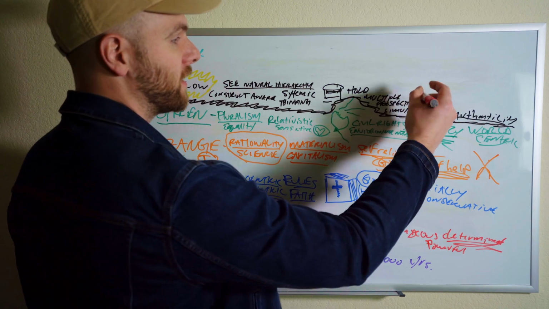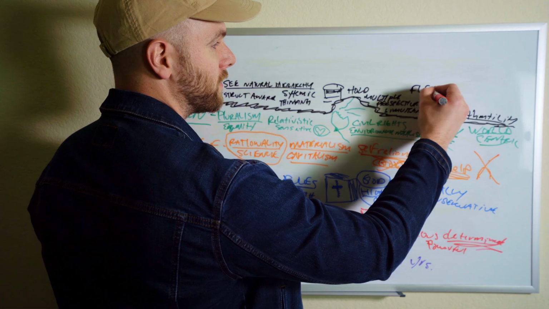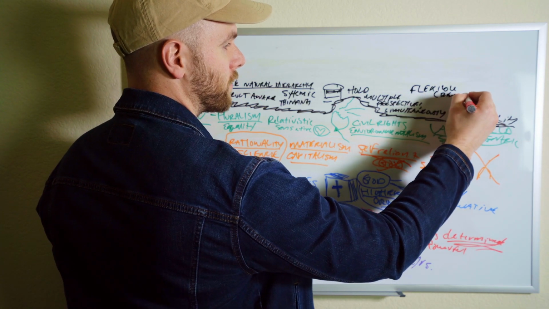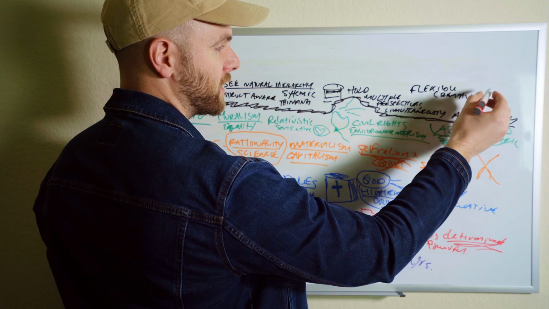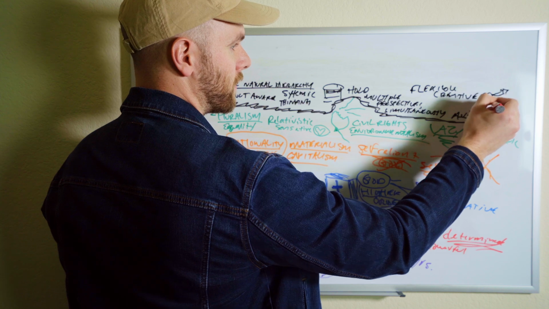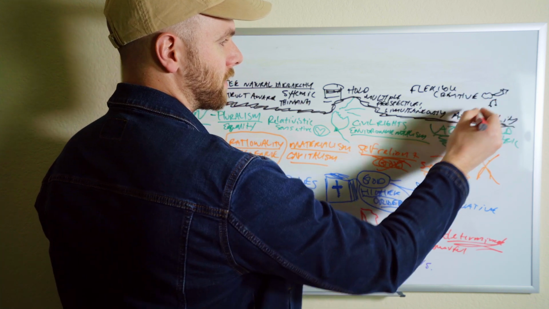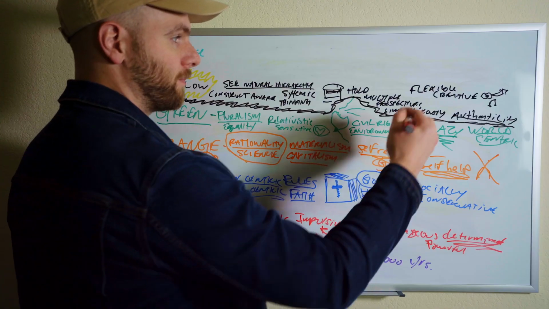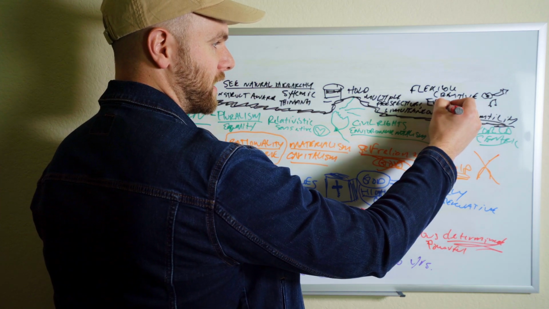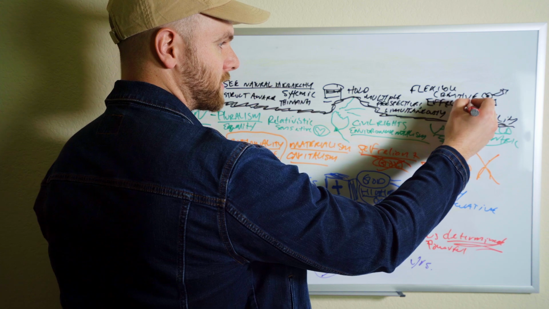So because of that, these guys are flexible. They're creative with solutions mostly. They can be creative with other things as well, and what they do is effective. It actually works.